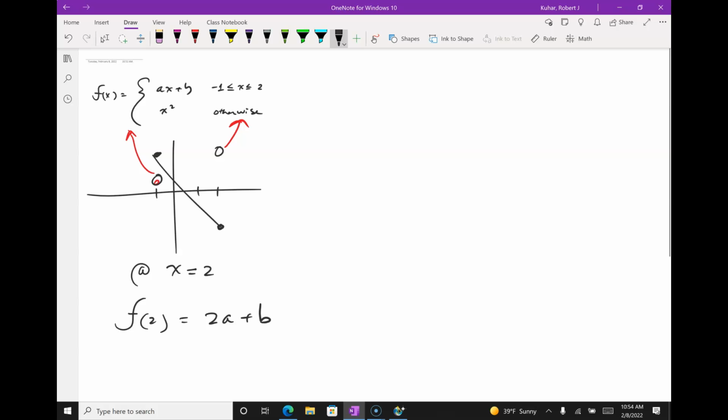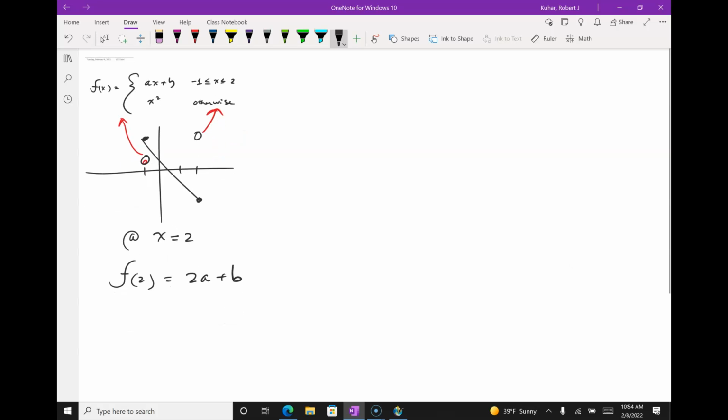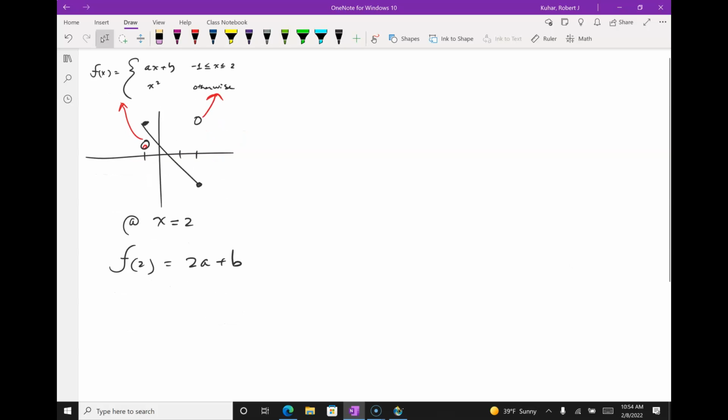And what height should I hit there? The limit as x goes to 2 of what should be 2a plus b? What function am I talking about when I'm doing my limit there?